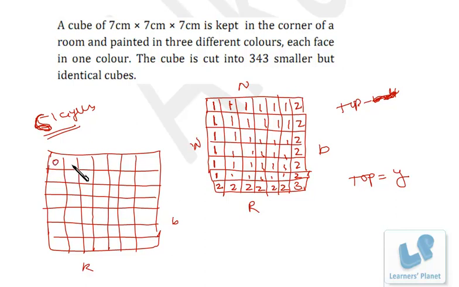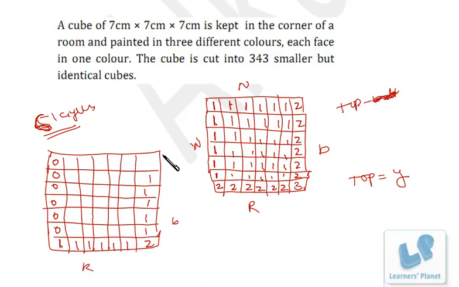So let's fill up. So this is 0, 0, 0, 0, 0, 0. In this case, this side is red and this side is not colored, so just 1. This side is colored, this side, this side, this side, this side. This side is colored and this side is colored. This side is colored, only this edge is colored.